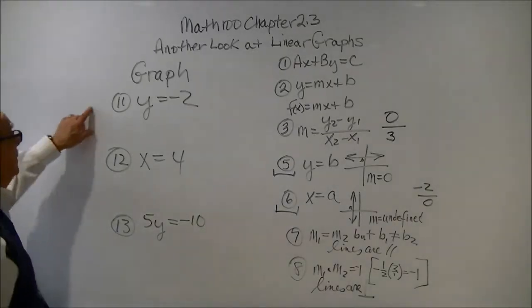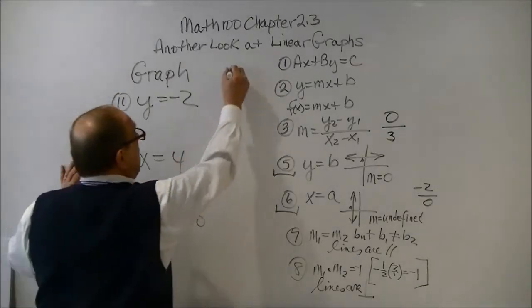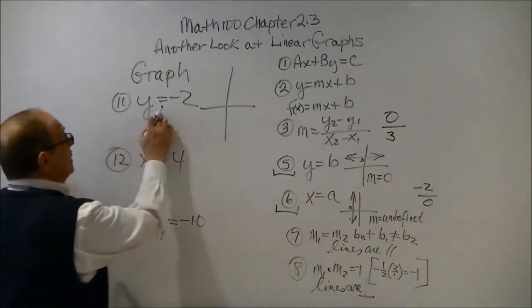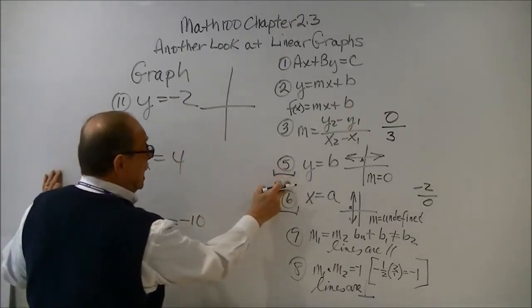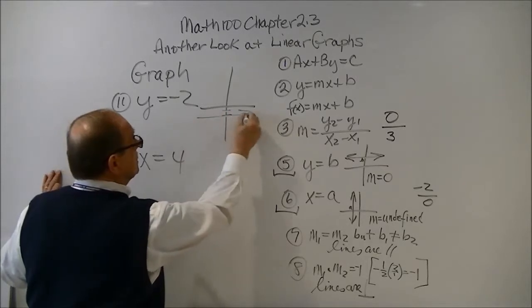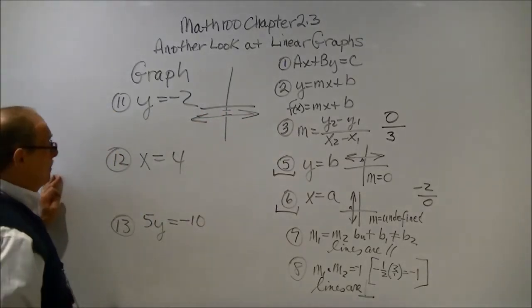Going on to number 11, here they're asking us to graph, and in your little booklets you do have graph paper. So y equals negative 2. This is formula 5, horizontal line through negative 2, and that's the graph.